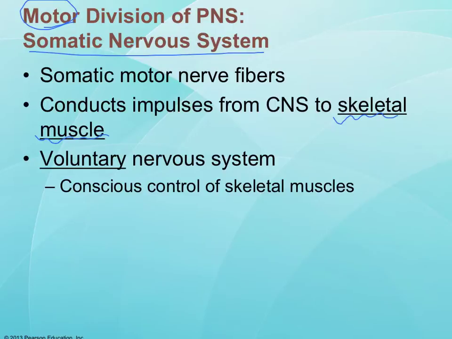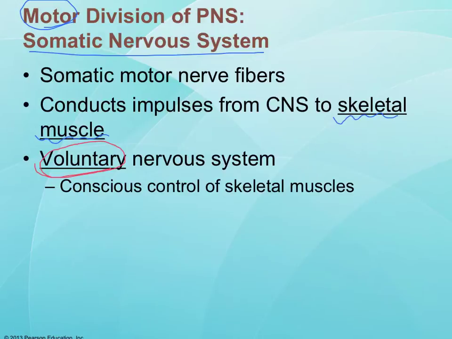But there's one more very important characteristic of skeletal muscle compared to smooth and cardiac muscle. What is the difference of skeletal muscle compared to the other two muscle tissues? It's voluntary. Skeletal muscle is voluntary because it is controlled by the voluntary nervous system, the somatic nervous system, which controls voluntary muscle.